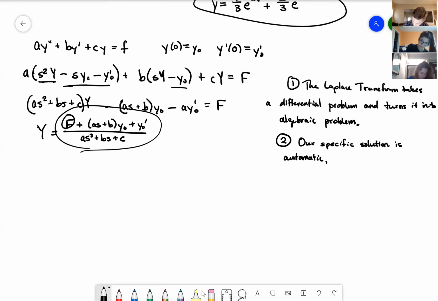In other words, there's no intermediate step of finding a general solution.